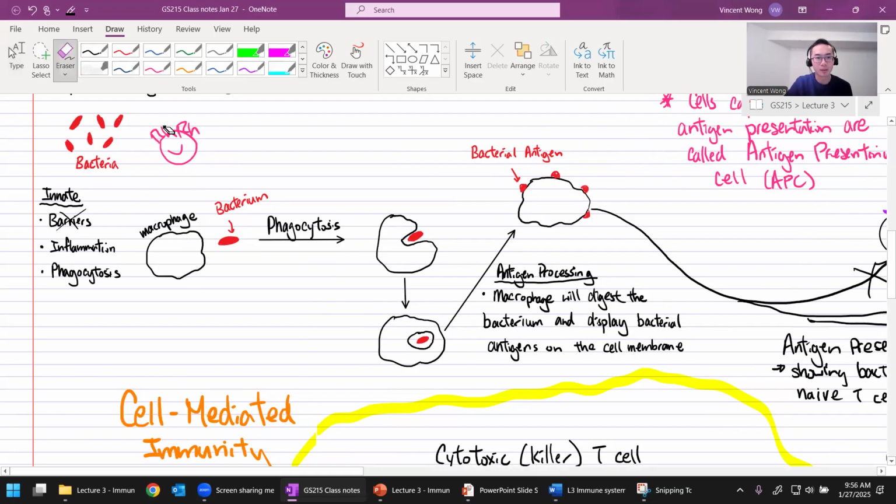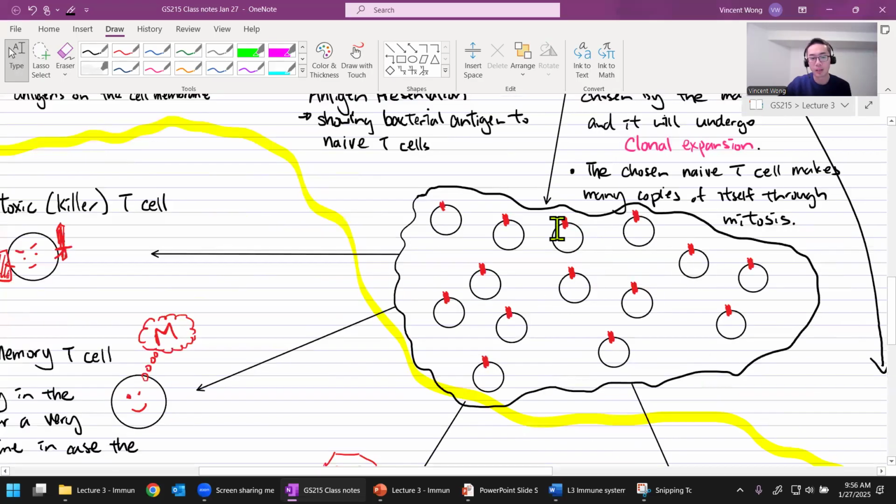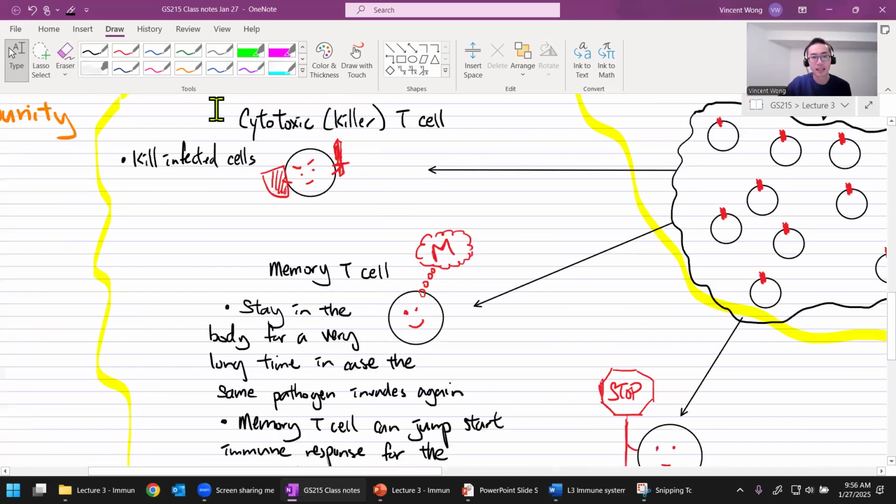Then the macrophage will eat one of these RH positive cells. It will put the RH on the surface, and then it will come over and look for naive T cells with an RH receptor. That will be chosen, and then we'll do clonal expansion, and then you will make all these cells. Okay, the cytotoxic T cells might kill the RH positive cells.